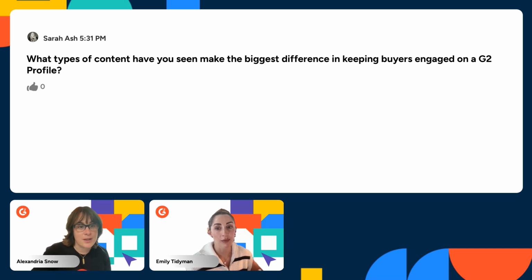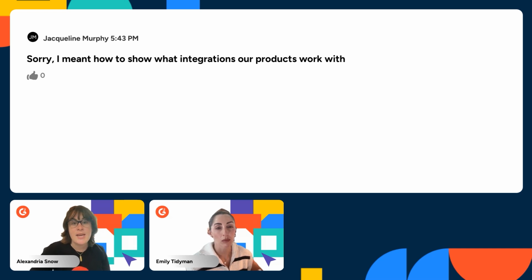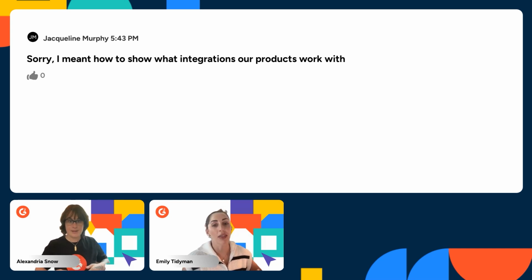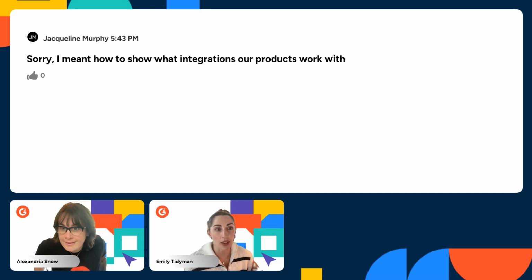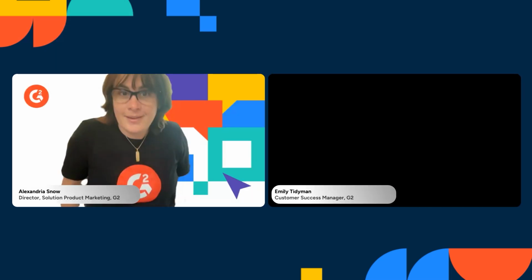We have a point of clarification here, Emily, and this one is about the integrations. It's not where to show them the integration section, where they can integrate with G2, but where they can update the integrations that they work with. Thank you for that clarification. More than happy to reshare my screen here.